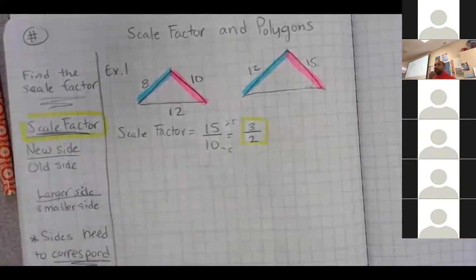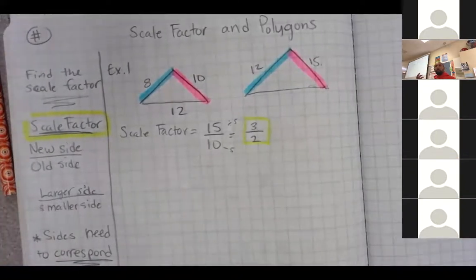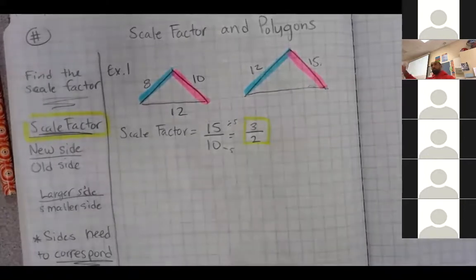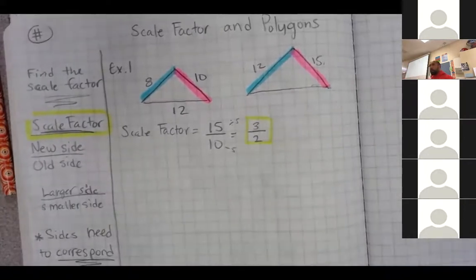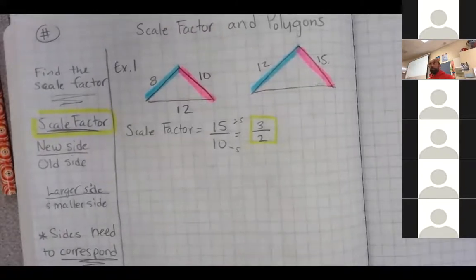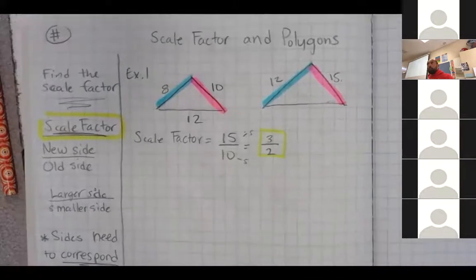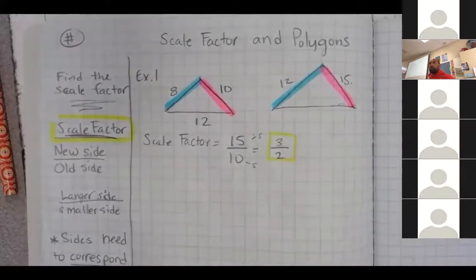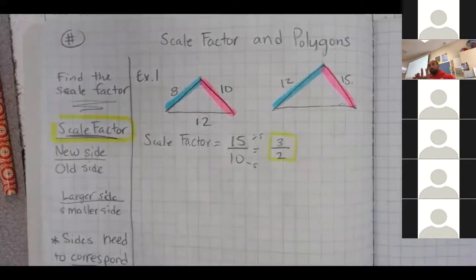Now later on, why would we use scale factor? Because scale factor helps us find shapes for the next size. And when you think about how that is applied out in the world, a lot of times when you build something, you have to create a model. For instance, when they build a building, a model isn't the actual size. They're going to create a scaled down model.